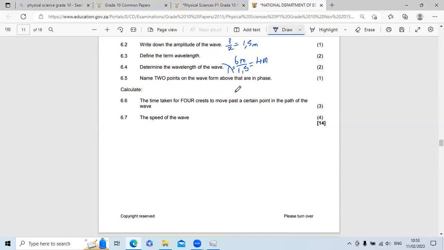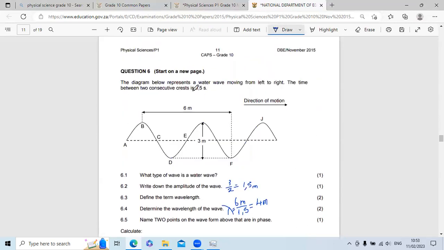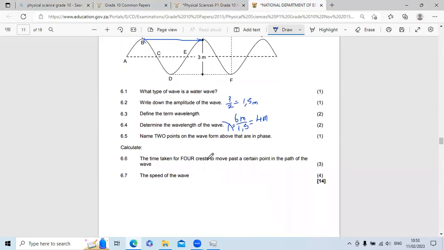They gave you the time between 2 crests, so the time between here and here. And now they want you to determine the time it takes for 4 crests to move past a point in the path of the wave.